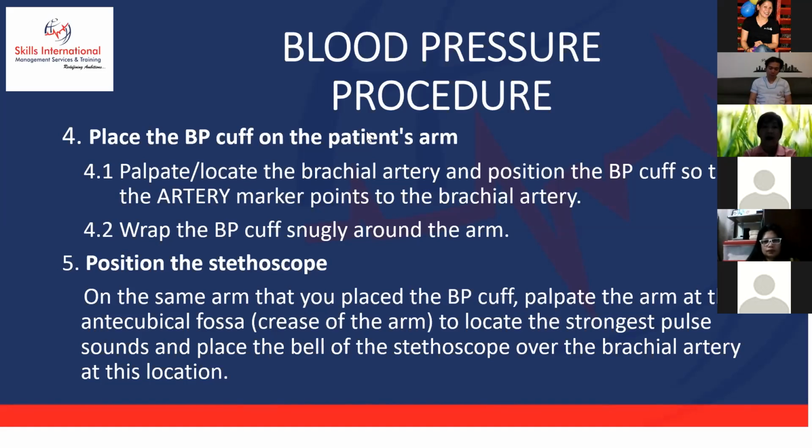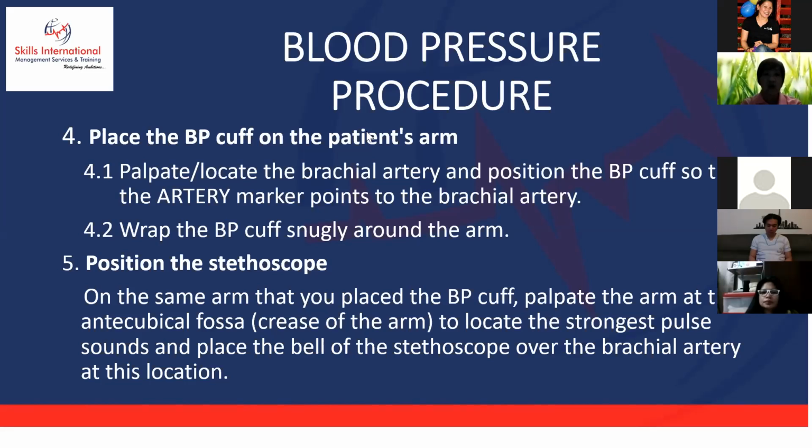Number five is to position the stethoscope. When taking the blood pressure with the aneroid monitoring machine, you have to use the stethoscope. On the same arm where you placed the BP cuff, palpate onto the antecubital fossa, where the brachial pulse is strongest, and place the bell of the stethoscope over the brachial artery in this location.